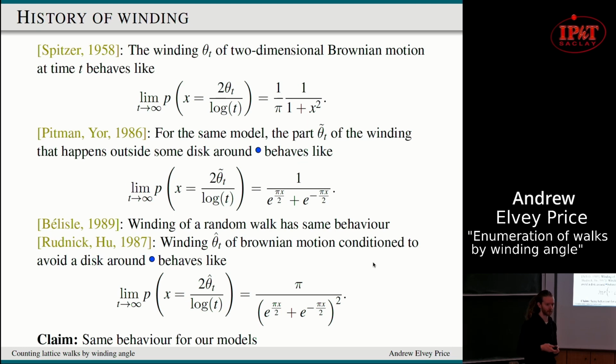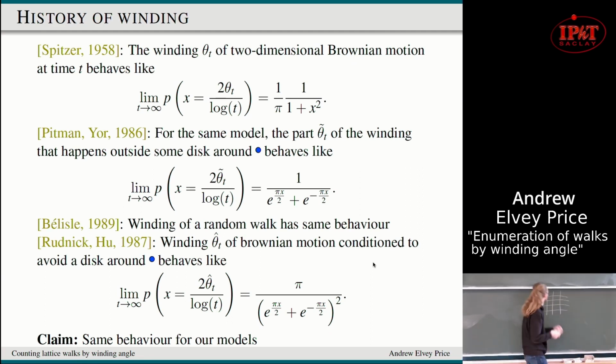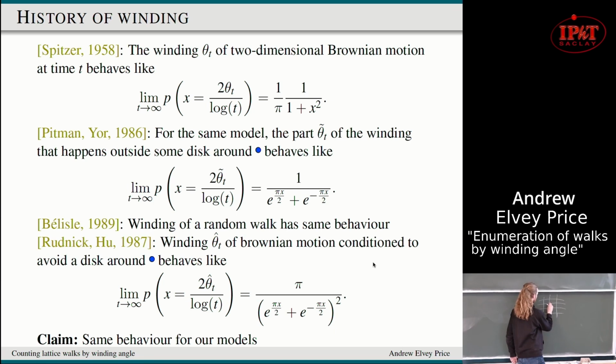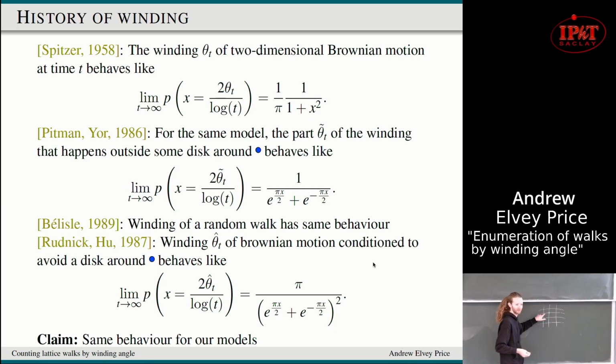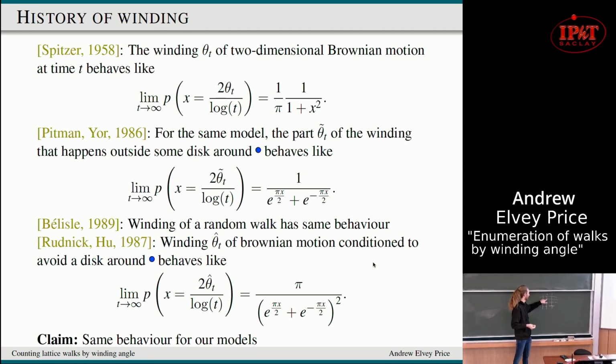So the Belisle result, they did not force the walk to not pass through the point. So what is the difference? Yeah. So in most of the models that I have, I can draw. If we have a lattice, I choose a point, well, the origin, and say we can't pass through there, and then consider the winding angle around this point.